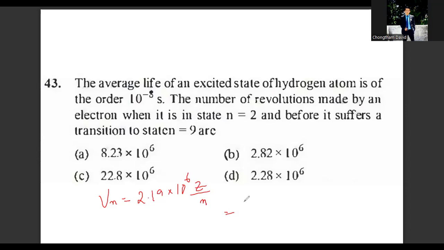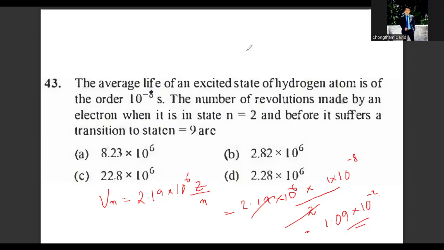So you simply substitute the value, 2.19 into 10 to the power 6, this constant, into Z by n into 10 to the power minus 8. So this would be the distance. After calculation, 2 and 2 get cancelled, 8 and 6 give 2. So it is approximately 1.09 into 10 to the power minus 2.